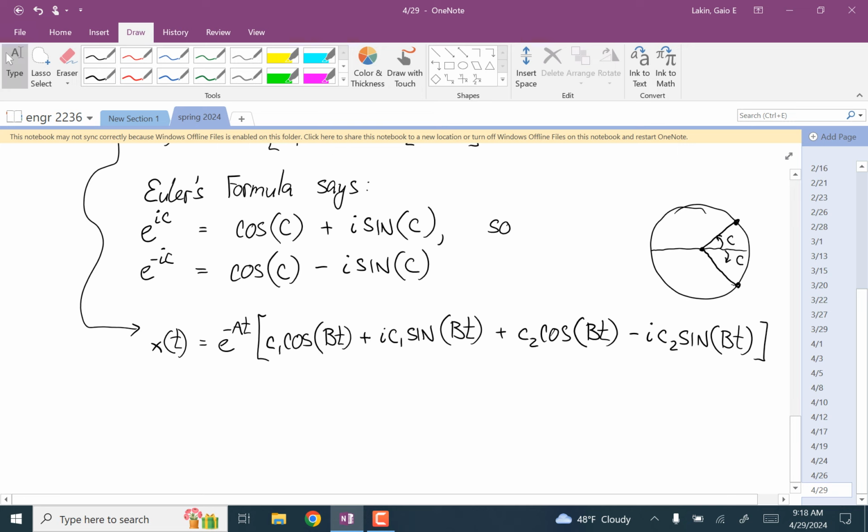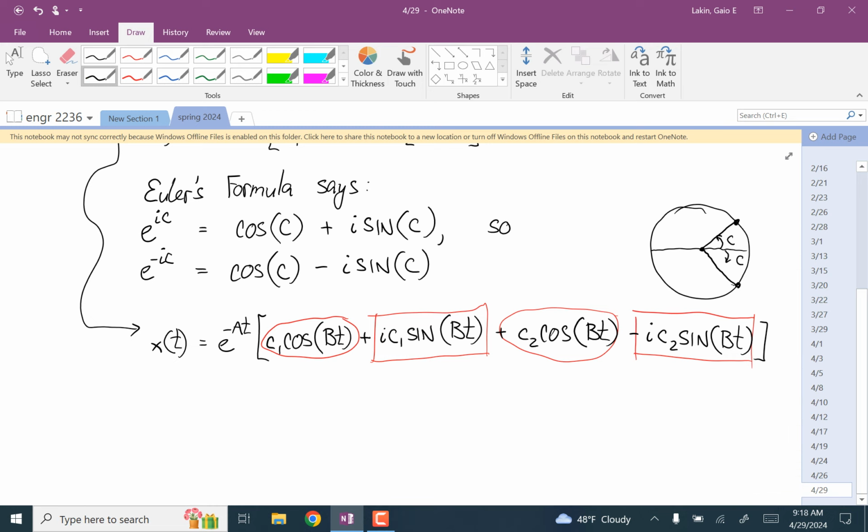Okay, well, we have some things we can group together. And then we can group these together. So we have x of t is equal to e to the negative at times, we have a coefficient of c1 plus c2 times the cosine of bt.